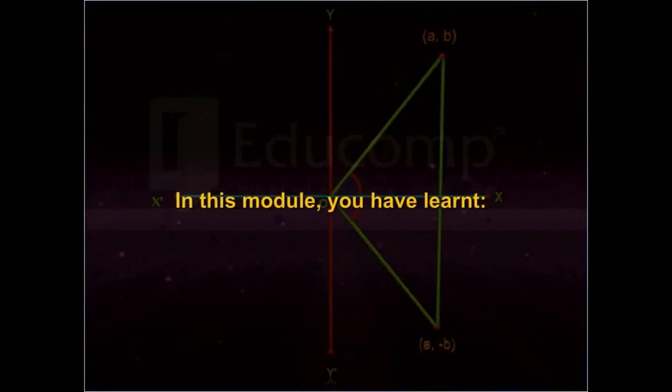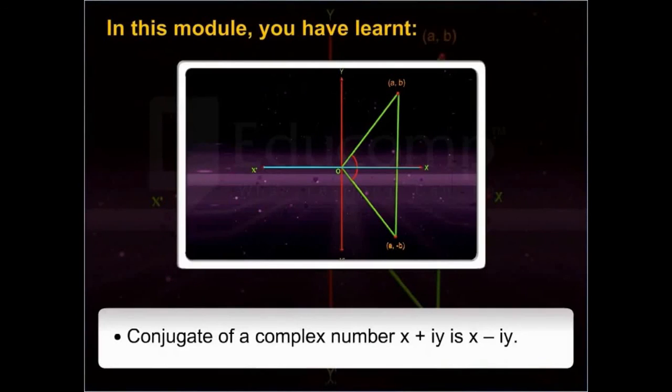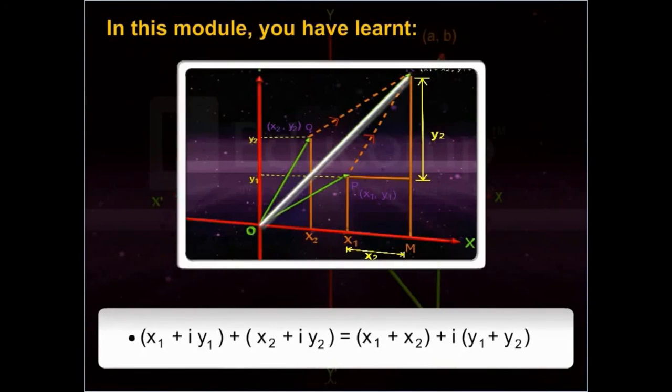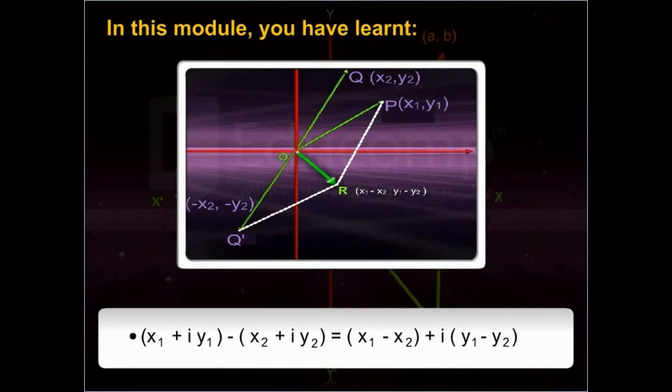In this module you have learned that the conjugate of a complex number is the image of the complex number itself in the real axis. The sum of the complex numbers is the sum of their real parts and the sum of their imaginary parts. The difference of two complex numbers is the difference of their real parts and the difference of their imaginary parts.